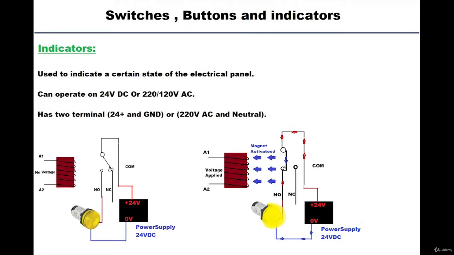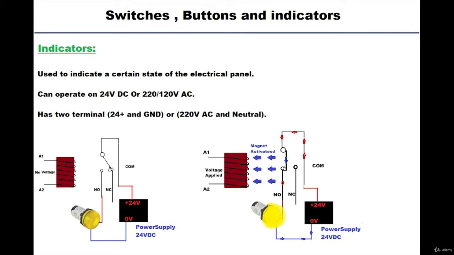So let's check a basic example. We have on the left-hand side a relay which is not energized, and we have two terminals, as we know, the NO and the NC. We have connected the lamp to the NO so that it's normally not powered up. Now, let's say we have a PLC and we are running a motor.